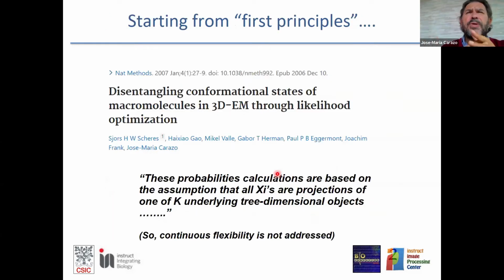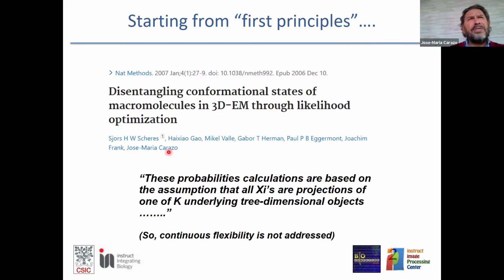So we have a good specimen for cryo-EM, important, that we want to study, and we are going to do what everybody does: let's go to classification and get different conformations. Fantastic. However, my initial training was as a theoretical physicist, so I love to talk about first principles.